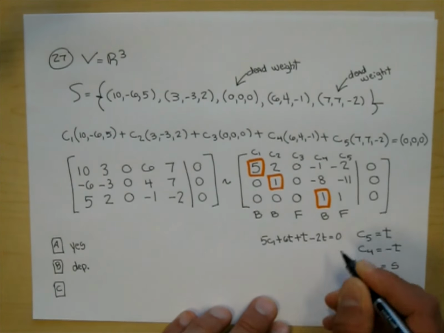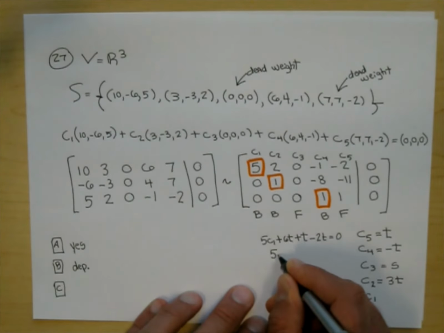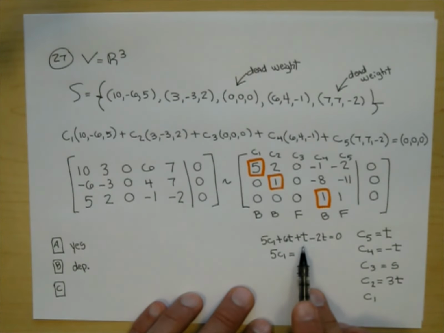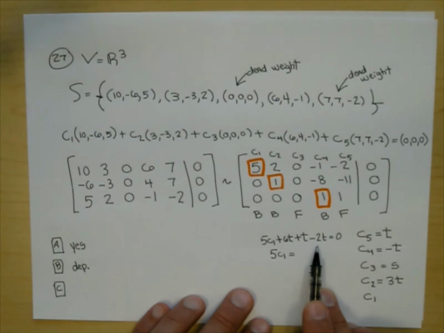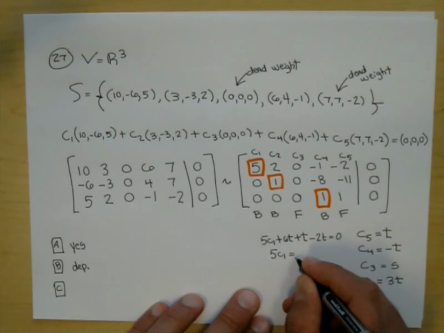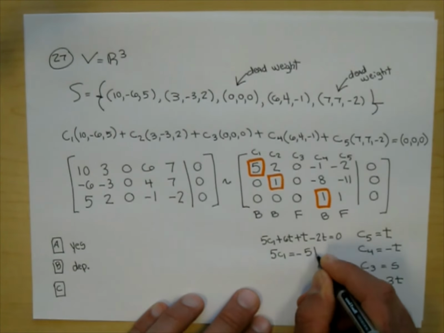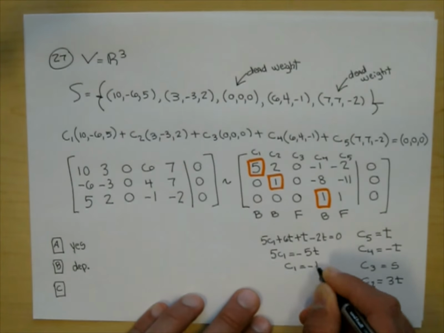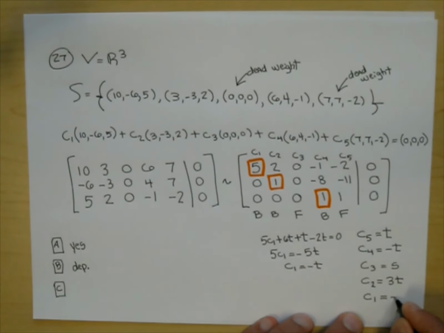This equals 0. 5C1 equals, okay, so what do I have? I have 7 minus 2, which is 5T. I'm going to bring that to the other side. That's going to give me negative 5T. So C1 equals negative T. Woo! Got that done there.